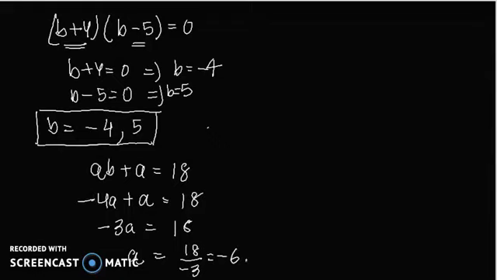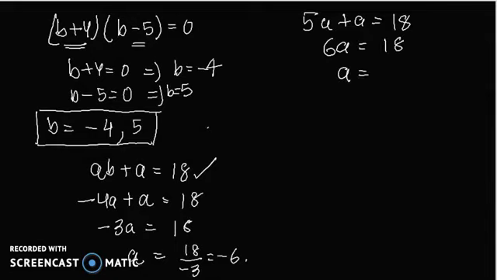Similarly, we can also take b equal to 5 and find the value of a. So b is 5, so 5 times a plus a is equal to 18. We will use the same equation. 6a is equal to 18, which gives us a is equal to 18 by 6, that is equal to 3.